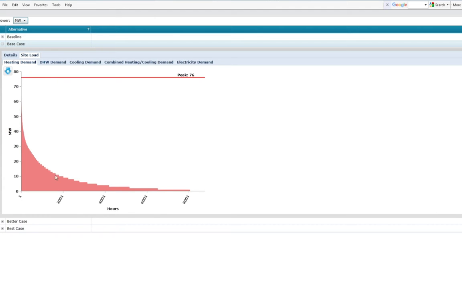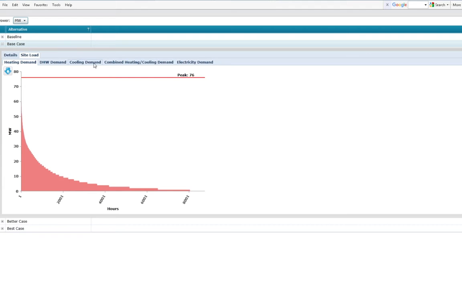Ideally, the best thing would be where I could run the equipment constantly for a longer amount of hours. And this is from 1 to 8,760 hours, right? You see the 8,000, so it goes 8,760 hours in a year. And what I'm seeing is I'm not getting very good utilization from this equipment. So I'm seeing that it's just not used all that much.